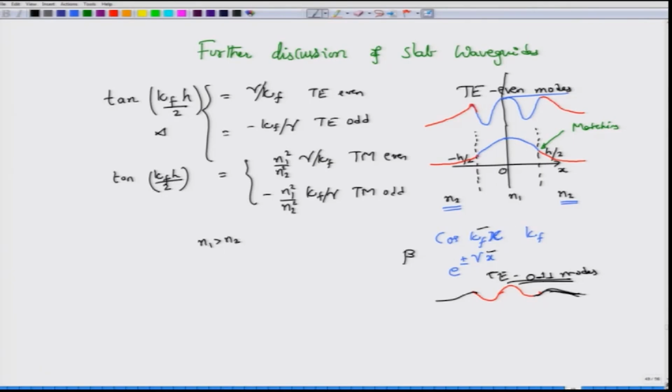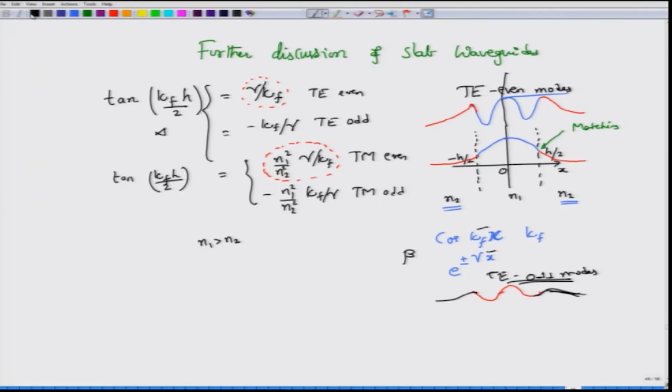So, for n1 greater than n2, n1^2/n2^2 will be greater than 1, and therefore this term, (n1^2/n2^2) gamma/kappa_f, is slightly larger than gamma/kappa_f of the TE modes. Okay. So, now I have not derived the TM even and TM odd mode characteristic equation. I will leave that for your consideration.